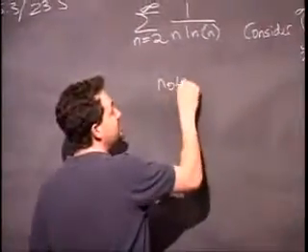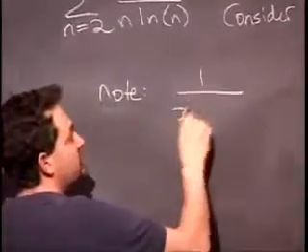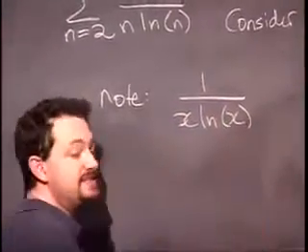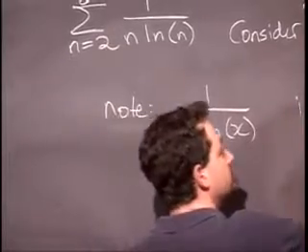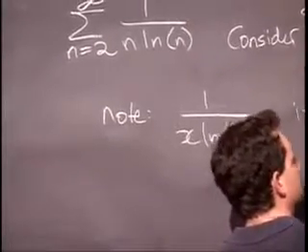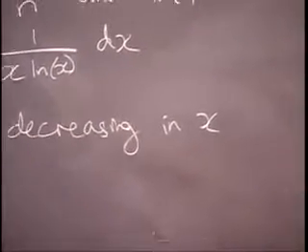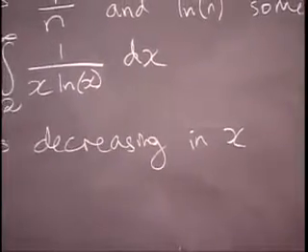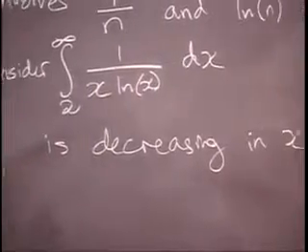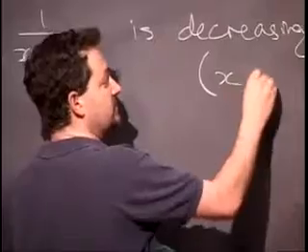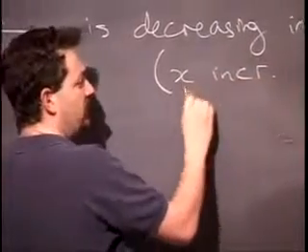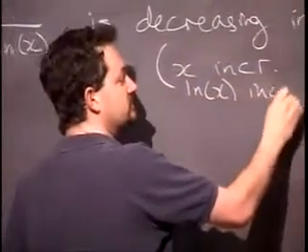Note that the integrand, 1 over x log x, is decreasing in x. That means when x gets larger, 1 over x log x gets smaller. How can you see this? Well, you could differentiate it and show the derivative is negative. Not so bad. But in fact, even easier is that x is increasing, log x is increasing, right?